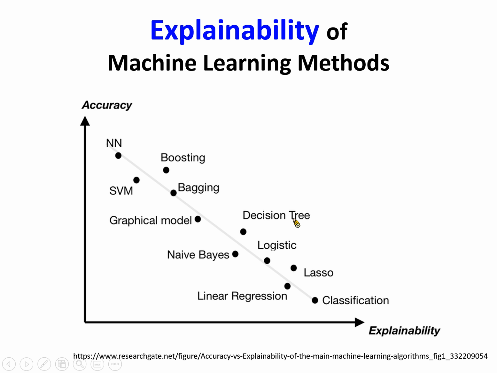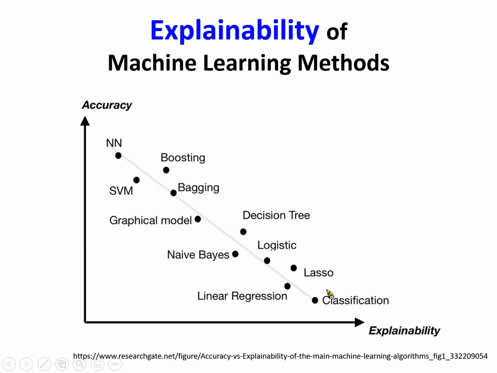Because when we do regression, we can find some useful predictors based on the regression results, and that is the explainability. So any machine learning method will have different explainability and different ability to achieve higher accuracy.